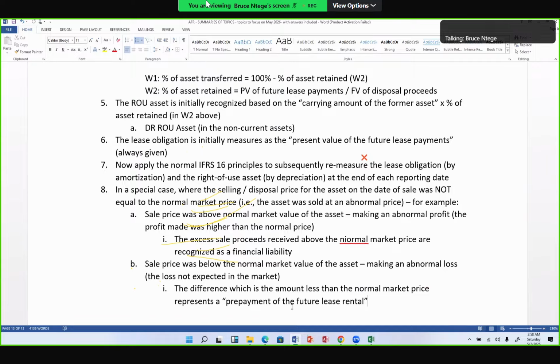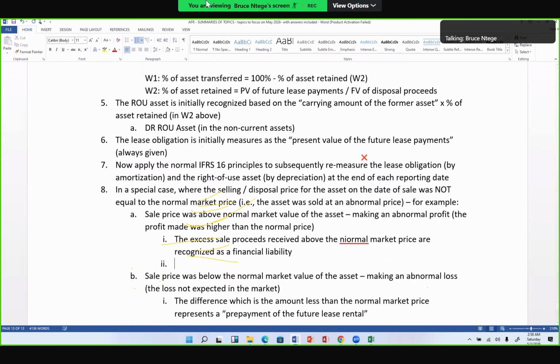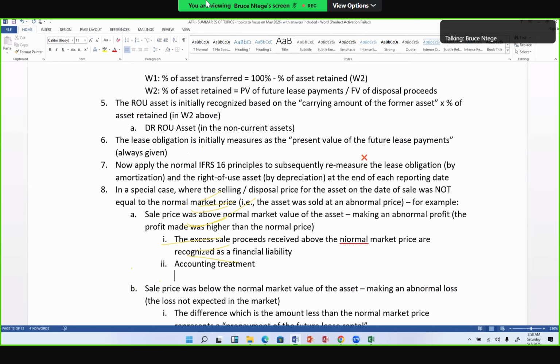So for the first case, when I received more than the normal price, the accounting journal treatment would be to debit the cash at bank with the actual money I've received, the actual cash received.